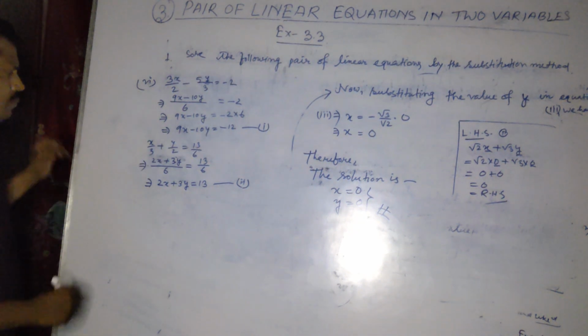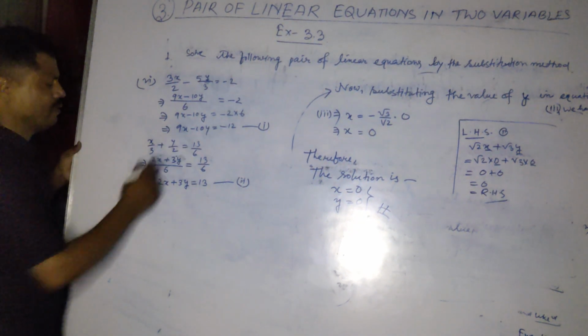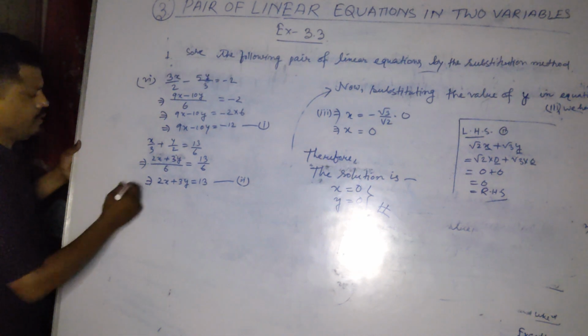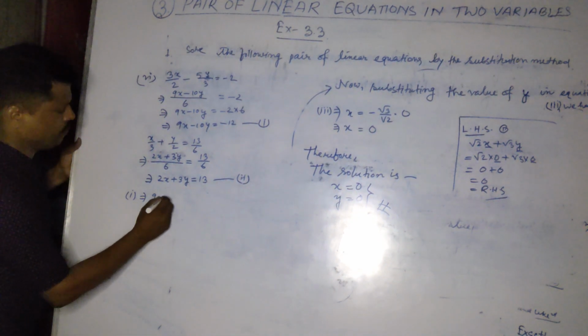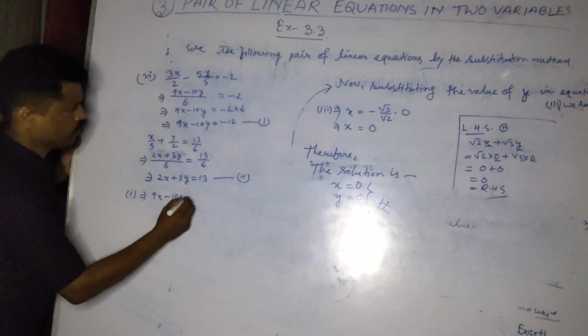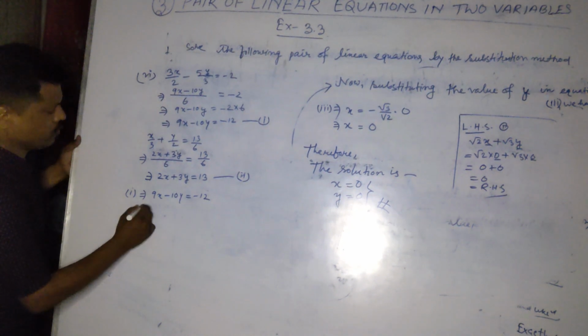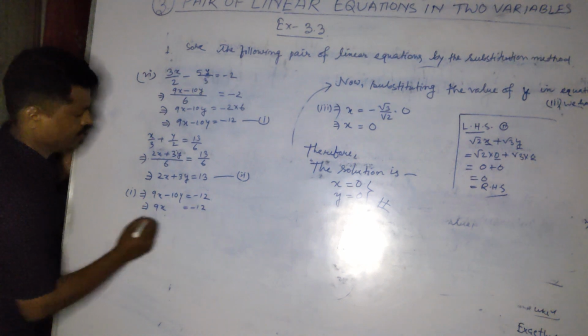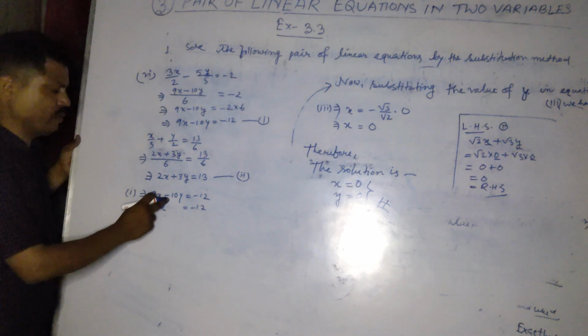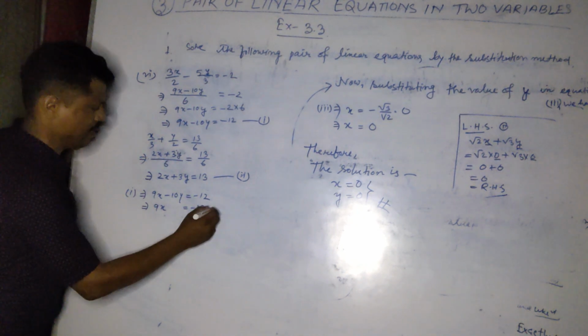From 1 or from 2 we can take. See now, from 1, we have 9x minus 10y is equal to minus 12. So 9x is equal to minus 12, and this one is negative on the left hand side, so it will be plus on the right hand side.